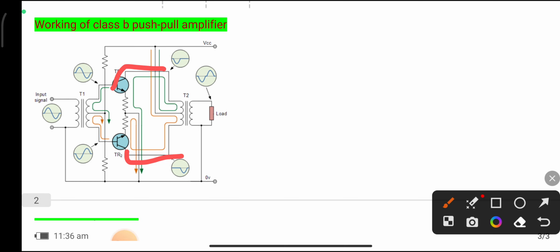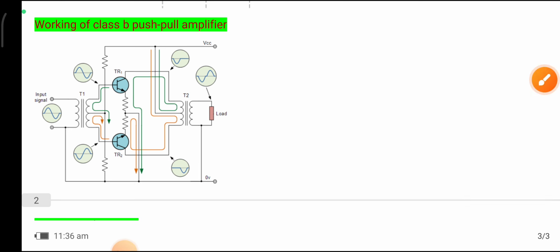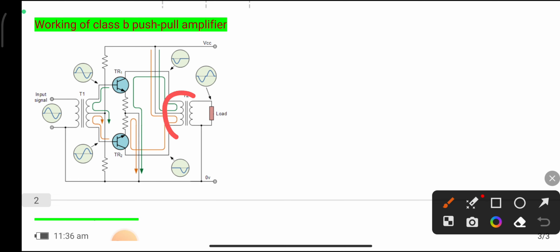Both base terminals receive equal input. This transformer is a center tap transformer. This is the input transformer, this is the output transformer. Both the input and output transformers are center tapped.